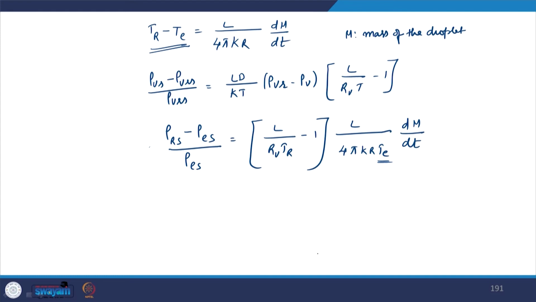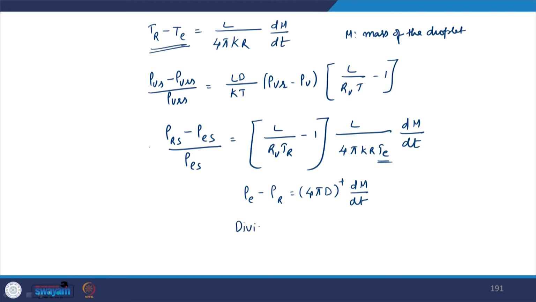So, let us say we will now try to simplify this equation, okay. Now, we know that rho_e − rho_r is 4 pi D inverse times dm/dt.